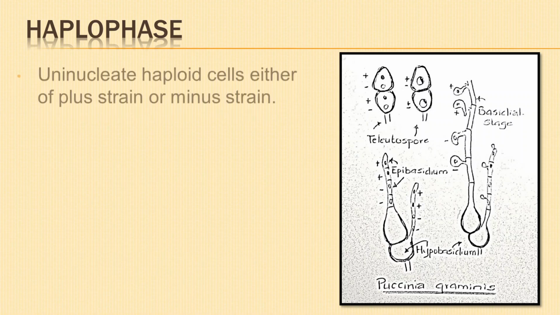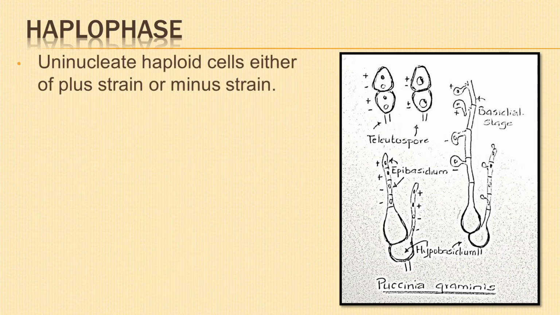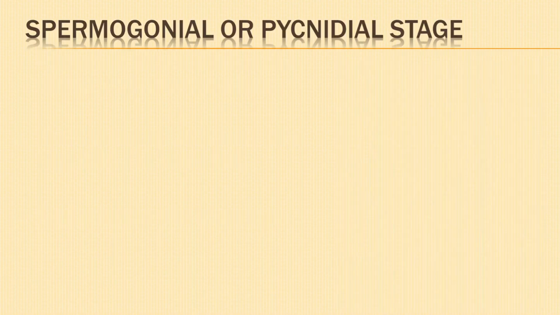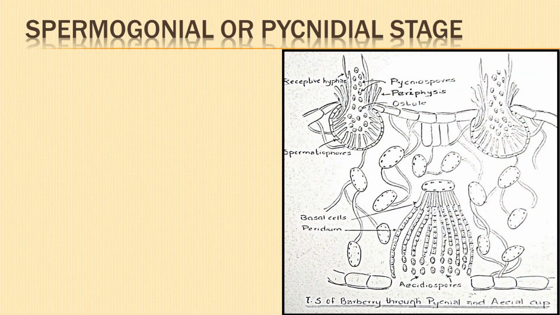The uninucleate haploid cells are either of plus or of minus strain. Several basidiospores of different strains may infect the same leaf. Fusion occurs at a later stage. Next stage is the spermagonial or pycnidial stage.